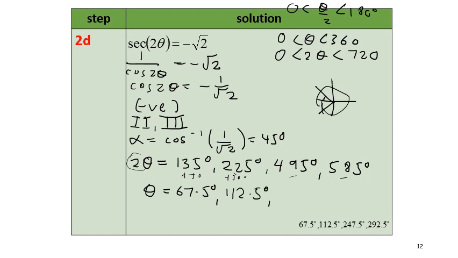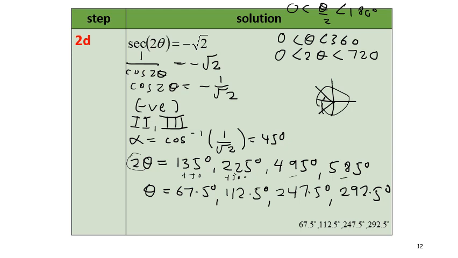And then 495 divided by 2, also change to decimal, we got 247.5 degrees. And lastly 585 divided by 2, we change to decimal, we got 292.5.